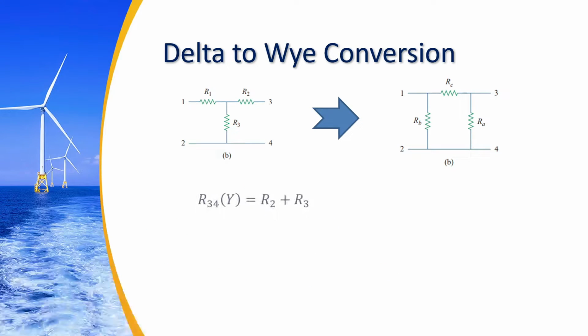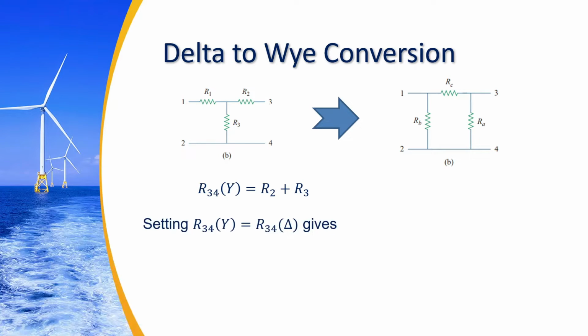Next. Okay, so done na tayo kay R12 at kay R13. So, sunod nating kuhanan is itong R34. So, itong R34 sa Y network or sa T network, equivalent yan sa series ng R2 at R3. Okay? Then, by setting R34 ng Y network, equivalent yan sa R34 ng delta. So, ito yung R34 ng delta.